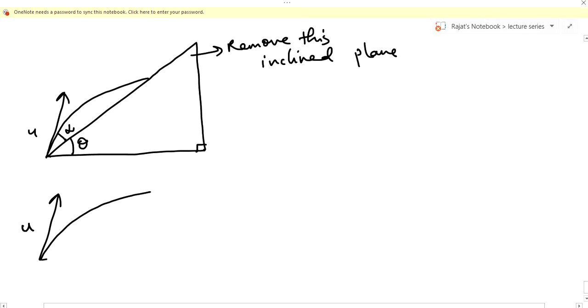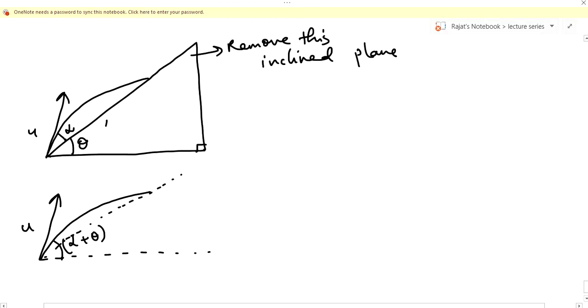There is a projectile which is at an angle of alpha plus theta from the ground. This was the inclined plane, and I have removed it. So this is simply a question of projectile which has been projected at an angle of alpha plus theta from the horizontal. Very simple.